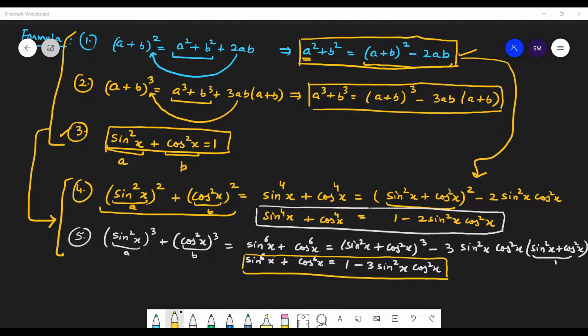So this is cos square x raised to the power 3. Yes, agreed? Yes.